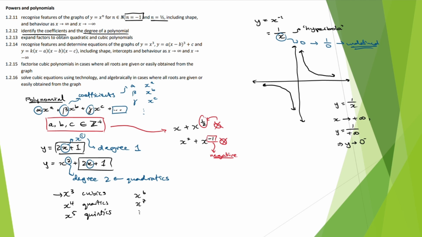So we approach 0 from the positive side. You can see that tracks up here: as x tends towards positive infinity, y tends towards 0, approaching from the positive side.